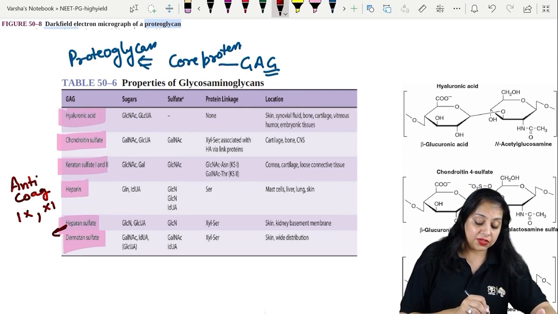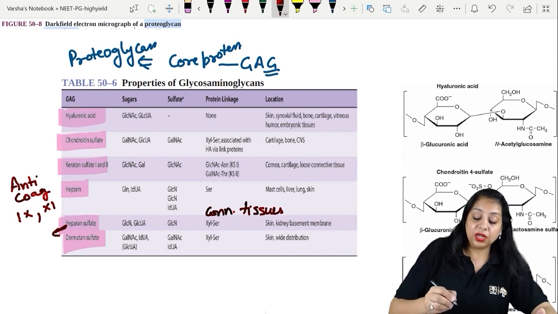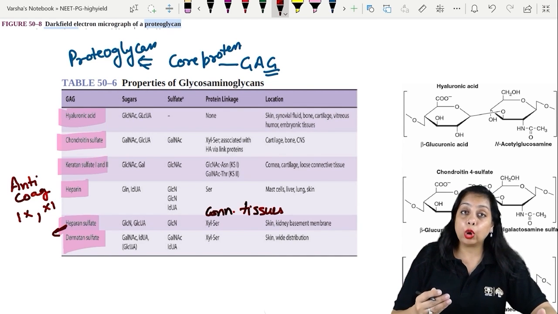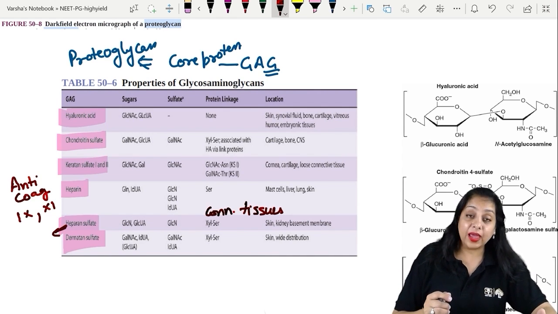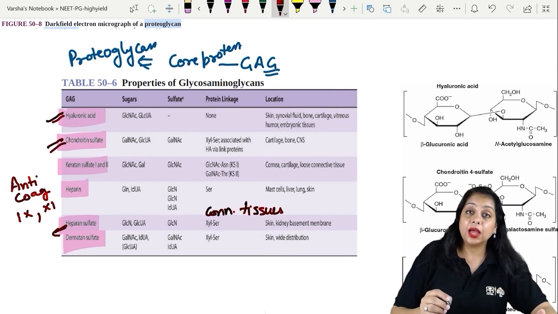Heparan sulfate is found in the connective tissues. What it does is provide cell-cell adhesion, cell-cell communication, all those things. Hyaluronic acid was once asked, and chondroitin sulfate was once asked.